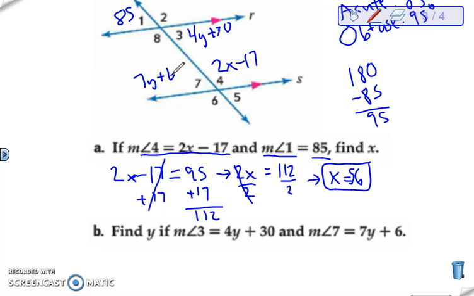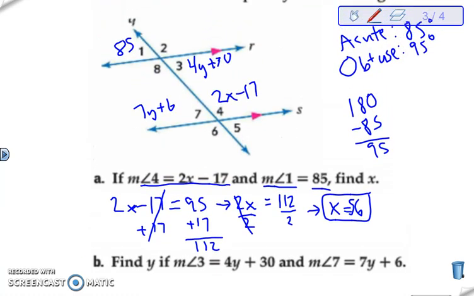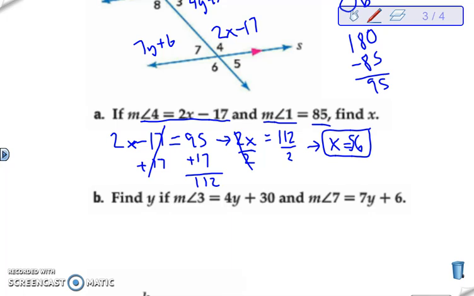I notice they are both acute angles. We don't know that angle 1 is still 85 because this is a different problem. But they're both acute, so I know they're supposed to give me the same number. So I can say that 4y plus 30 is equal to 7y plus 6.